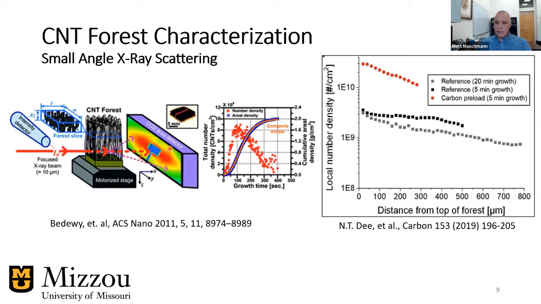So one thing that's pretty readily easy that you can measure is carbon nanotube density as a function of height, essentially, so distance from the top surface. And one thing that folks really haven't understood in the community, but we can look at it and see, is that carbon nanotube density degrades quite a bit as you go from the top to the bottom near the substrate. And so here's some examples of that in the plot to the left.